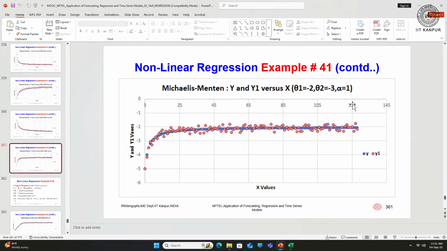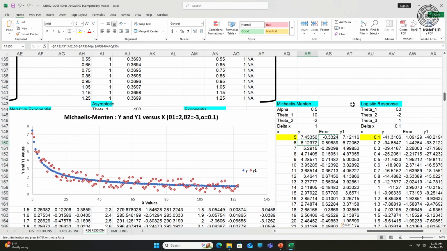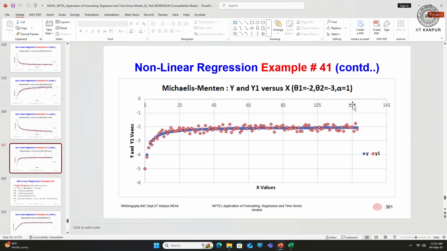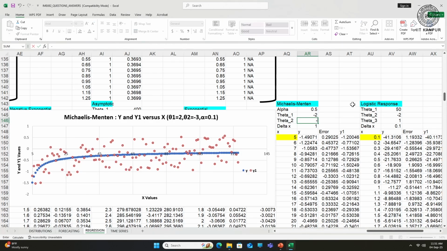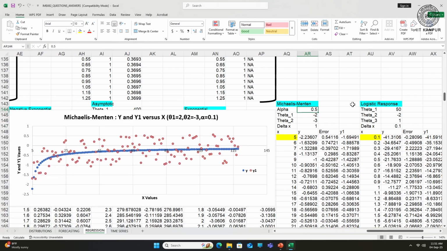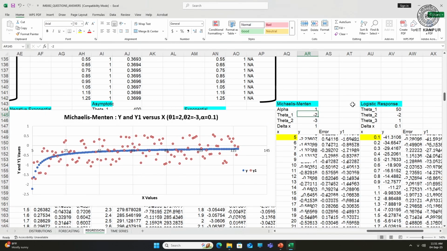And finally, we come to the case of the Michaelis-Menten model with theta 1 as -2, theta 2 as -3, and alpha as 1.